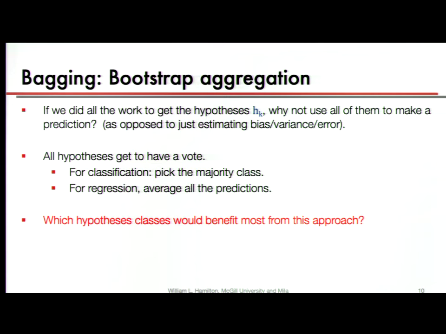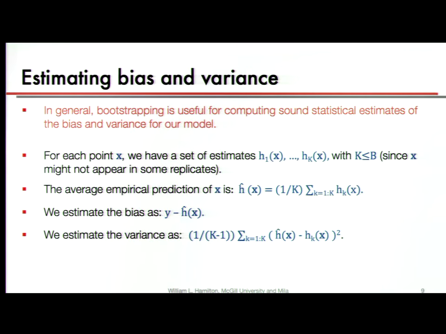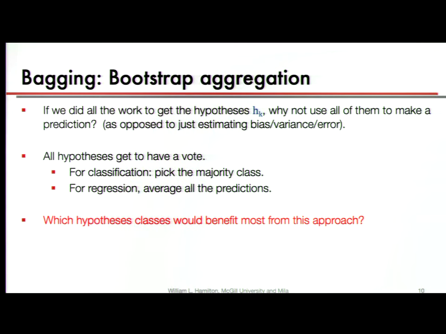But what we're going to use it for is ensembling different models. And the idea here is that we've created these B different replicates. So we've made all these different random replicates of our original training data by sampling with replacement. We've trained a model on each of these things. But why don't we just combine the output of all these different models?